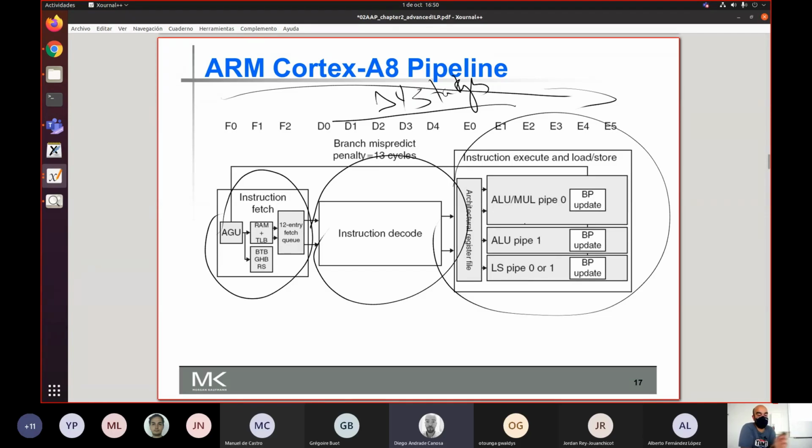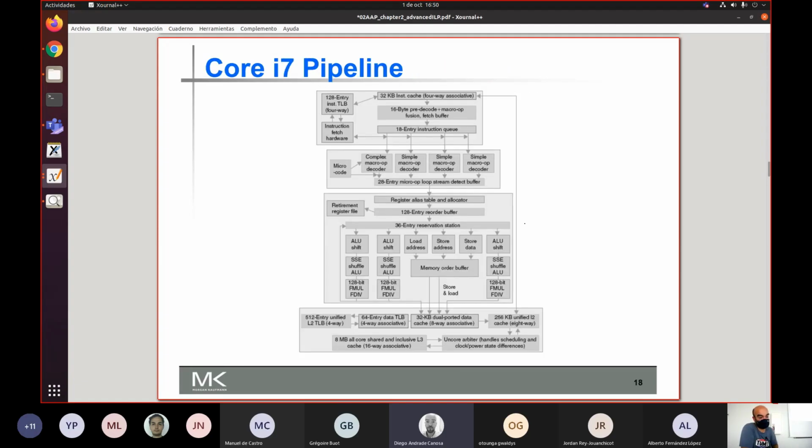Okay? As you can see, this is much more complicated. This complicated design is because we need mechanisms, in part, to be able to make dynamic out-of-order execution of instructions with speculation.